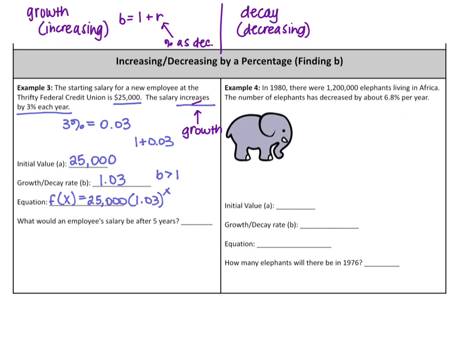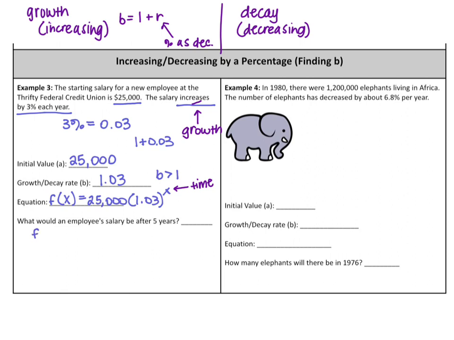That's why if you looked at the key features at the very beginning of the 5.2 lesson, it said time for x. X is always, or almost always, going to be time. In this case, it's years, but it's still time, and then f of x is going to be money. So if we looked at a question that said, what would an employee's salary be after 5 years?